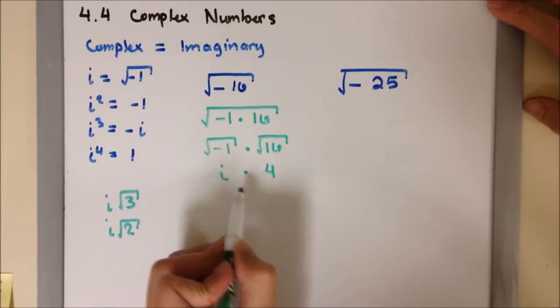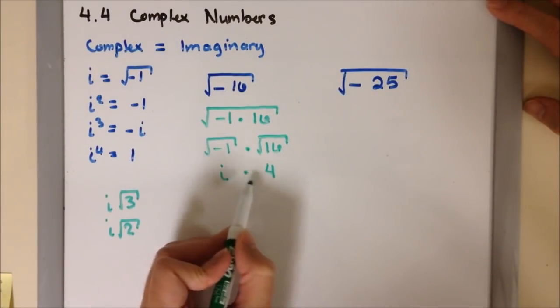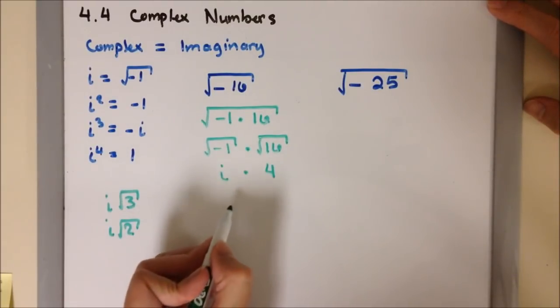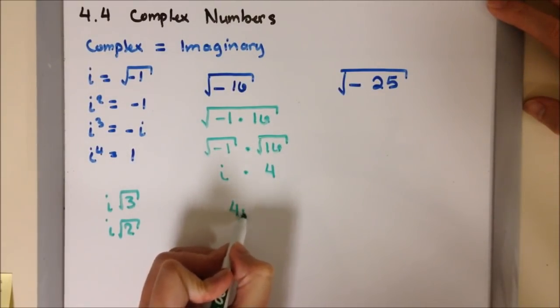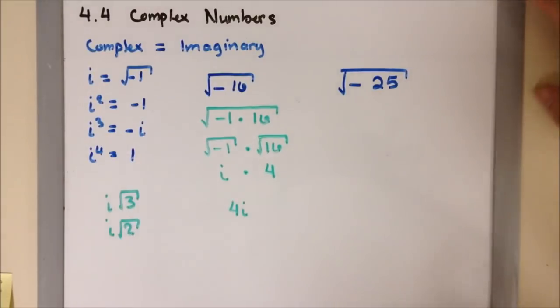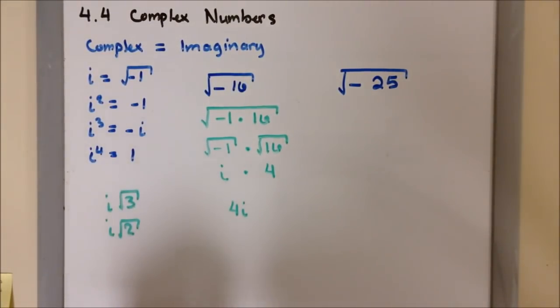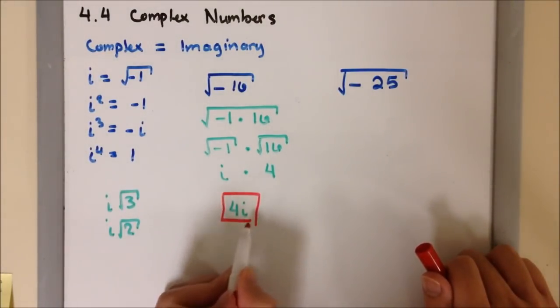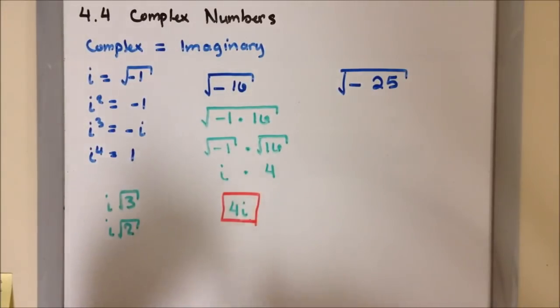In this case though, it's going to be different. Since it's i times 4, it's just like a variable, x times 4, your final answer here is 4i. That's only if you can do the square root of the number. So this is the final answer, 4i, for square root of -16.